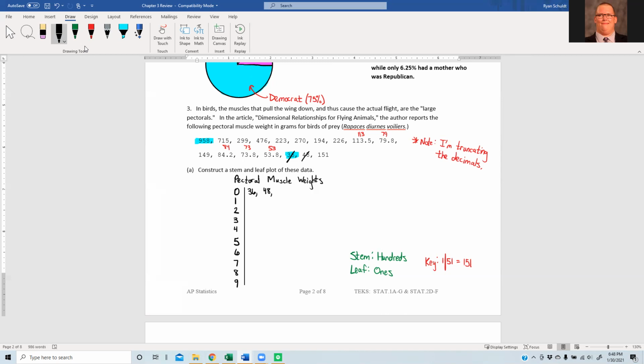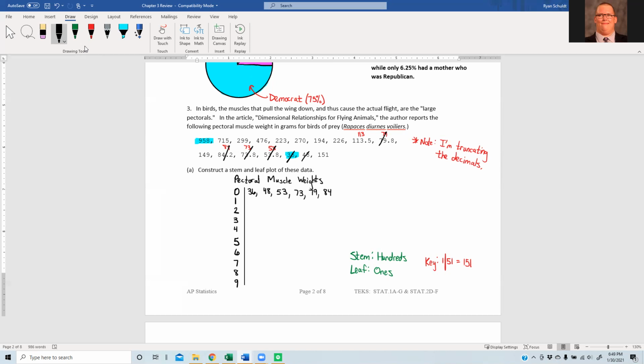And I'm going to keep going through this process until I get them all on there. This is a 53. Okay, so I've dealt with all the ones that basically have no hundreds.